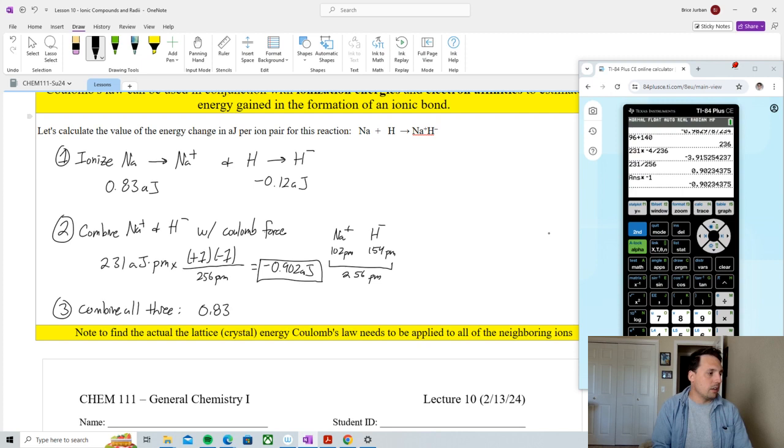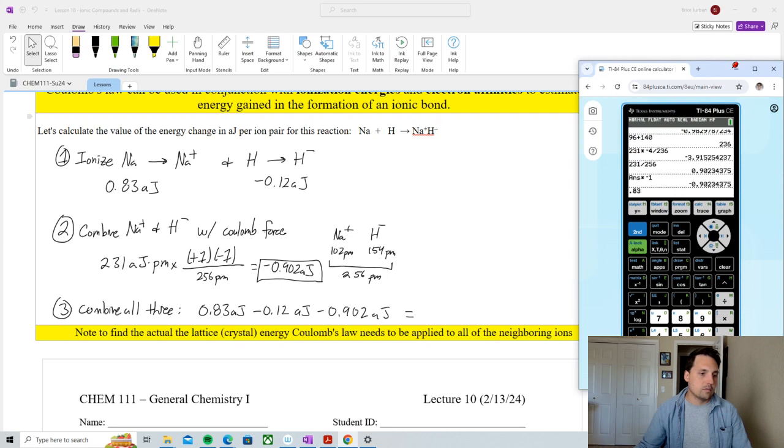So 0.83 attojoules minus 0.12 attojoules, so adding a negative, minus adding another negative, 0.902 attojoules. So what is the overall energy?